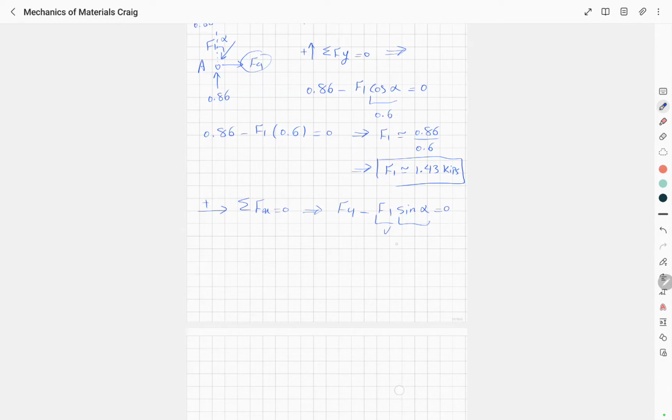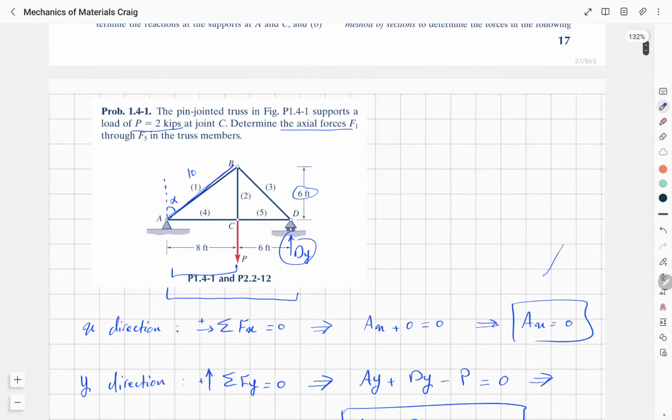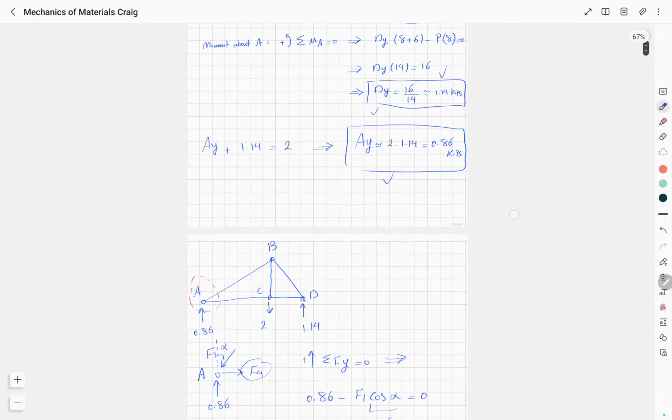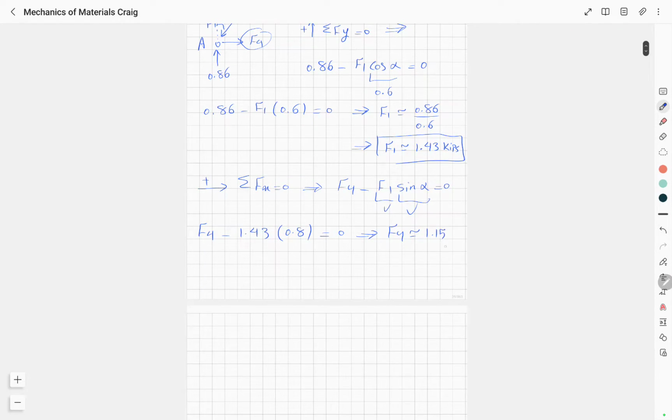We have the value of sine of alpha. So again, alpha is this. Sine of alpha would be 8 divided by this length, which is 10. So we can write F4 minus 1.43 multiplied by 0.8 is equal to 0. So F4 is approximately equal to 1.15 kips.